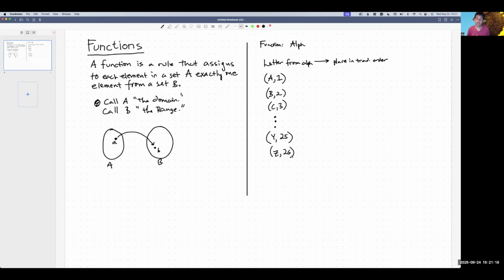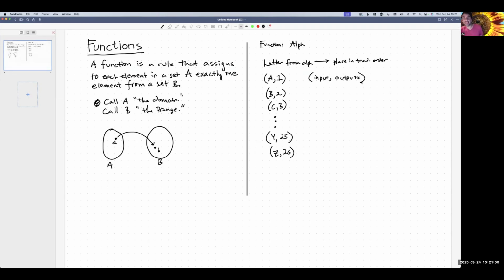All of the first coordinates in these ordered pairs are the letters, and the second coordinate is the place of that letter in the alphabet. We'll always think of functions this way, but written in ordered pairs, we think of the domain values as our inputs and the range values as our outputs.